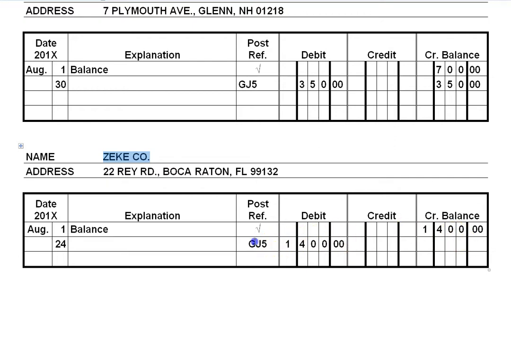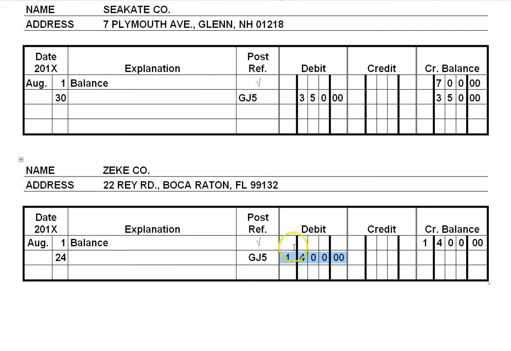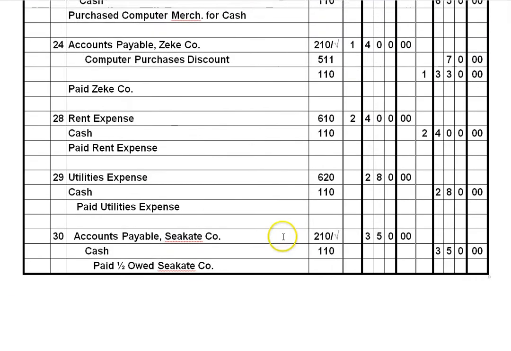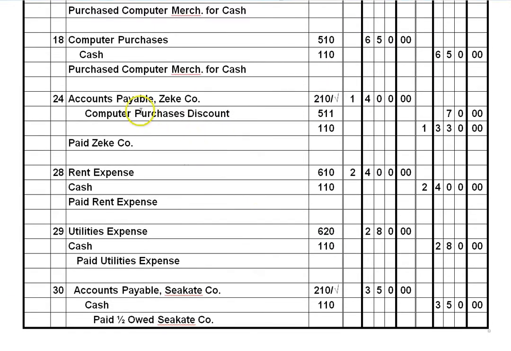And now this has been just posted where we pay that off. Let's go back to that transaction on the 24th so that we can see that $1,400 wipeout. So here we are going back to the journal. We're on the 24th. We were able to take a 5% discount on the $1,400.